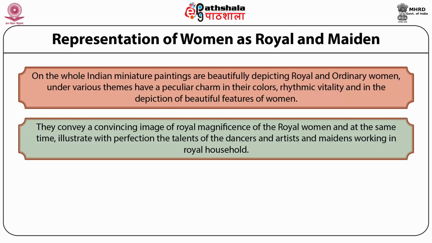They convey a convincing image of the royal magnificence of the royal women and at the same time illustrate with perfection the talents of the dancers and artists and maidens working in the royal household.